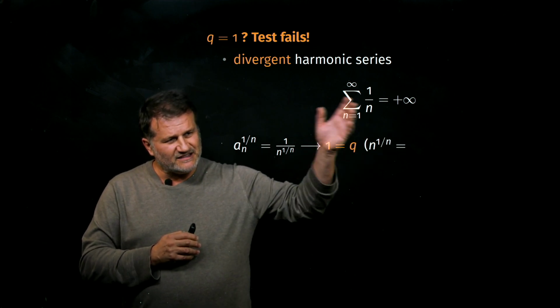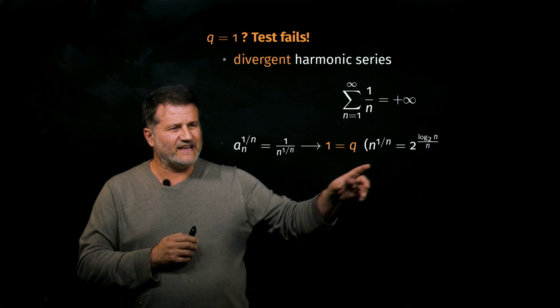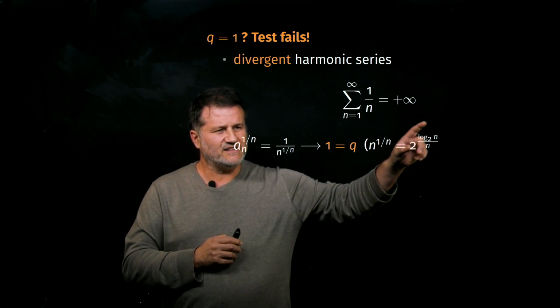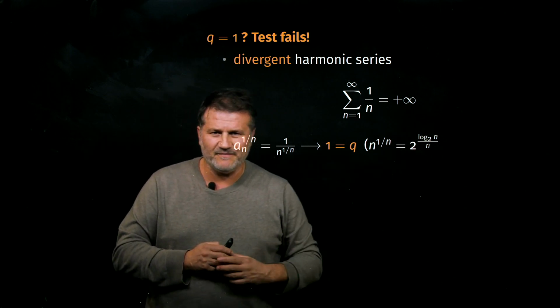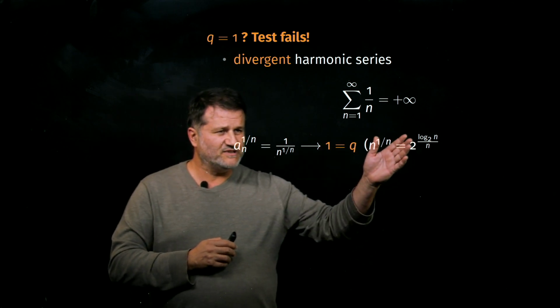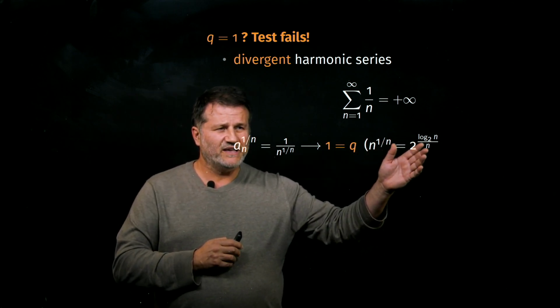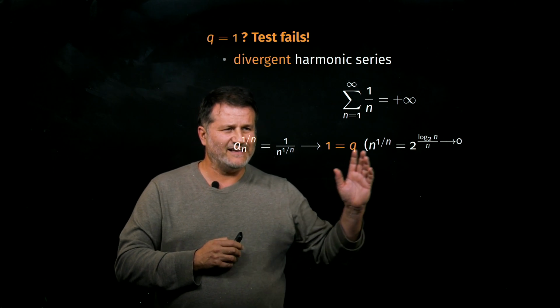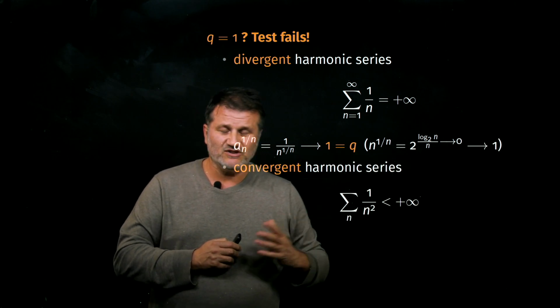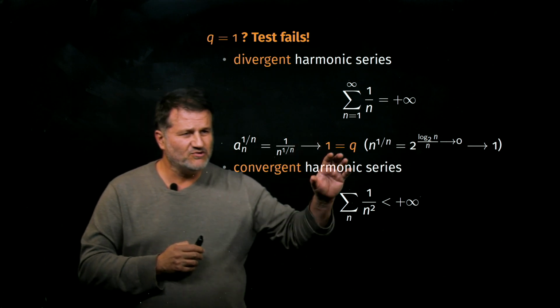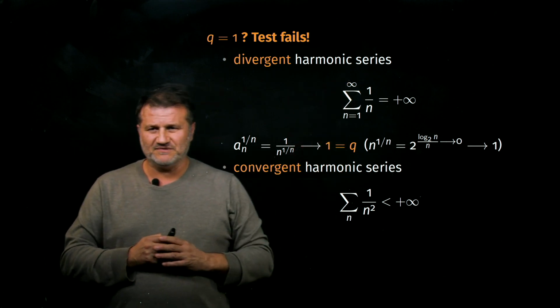And taking down this exponent, we get easily 2 to exponent log base 2 of n divided by n. This is a comparison between log and power. The power wins, so the fraction goes to 0, and the exponential goes to 1. So here we have q equal 1, and the series is divergent.